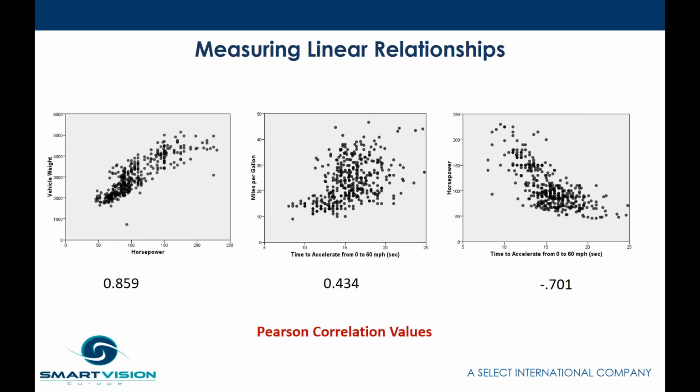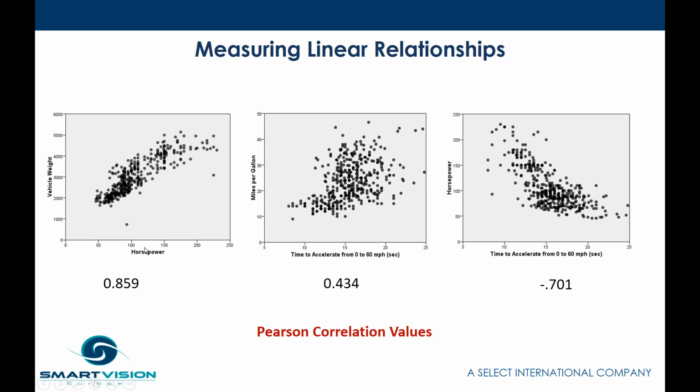Okay, so if we were to measure linear relationships, we want to actually measure them and say how strong a linear relationship is. It turns out that there is a particular calculation and a particular value that helps us estimate the strength of a linear relationship. So here we have a series of scatter plots, and each of the points in the scatter plots represents a car, an automobile.